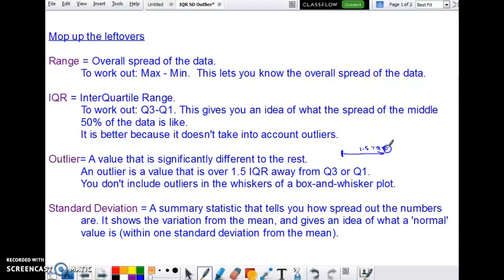So say your IQR was 2. Okay? 1.5 times 2 is 3. That means that anything that is over 3 away from Q3 is considered an outlier.